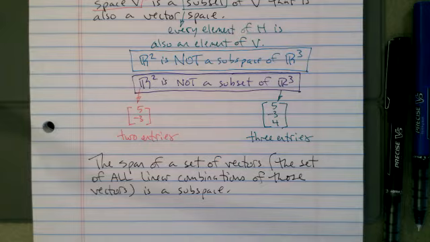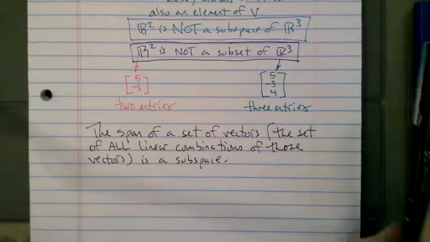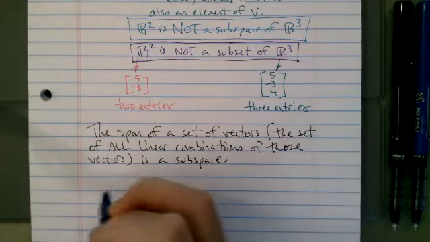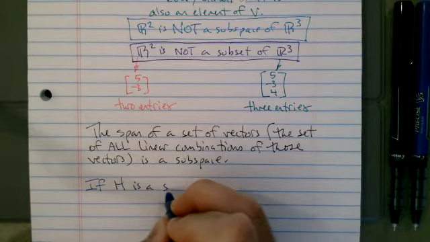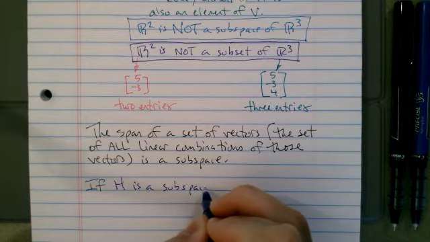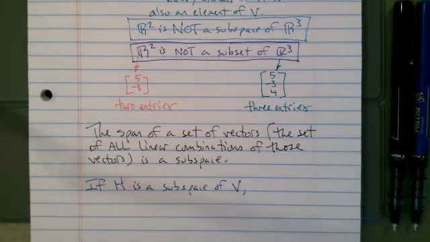This is the important thing that we need. The span of a set of vectors is always a subspace, and a subspace is always the span of a set of vectors. So if H is a subspace of V, then H is the span of a bunch of vectors from V.